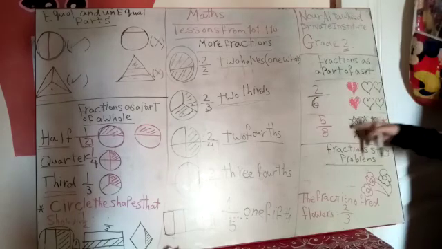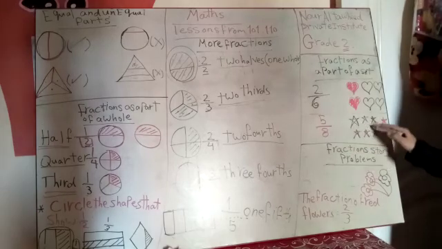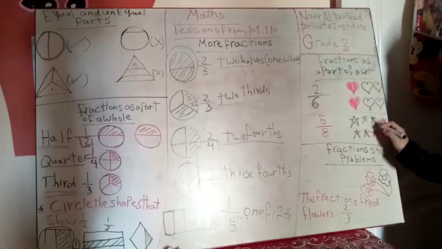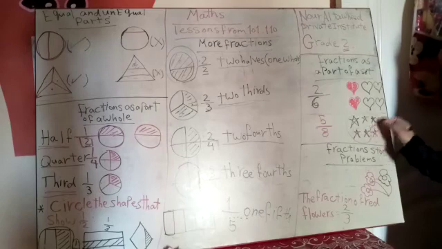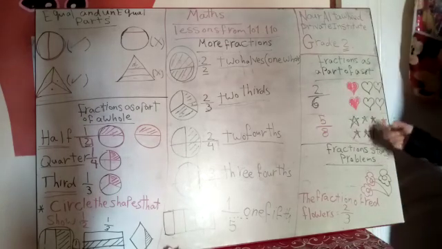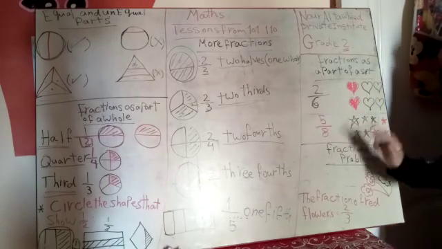The second example, we draw 8 stars, 1, 2, 3, 4, 5, 6, 7, 8 stars, and we colored 5 of them black. So we can write this set of black stars as a fraction.